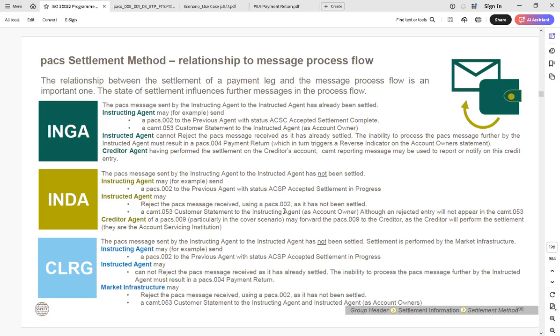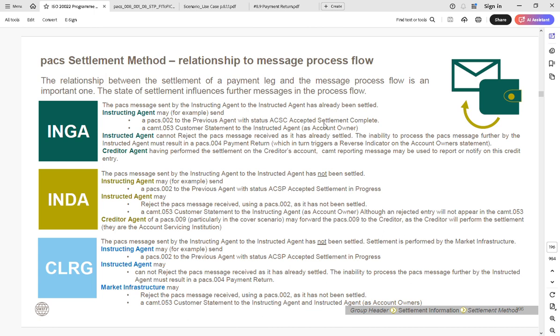If you look at the flow, for example, Deutsche Bank is an instructing agent, holds an account for the instructed agent, and will settle the payment, so the receiver of the message, the instructed agent.